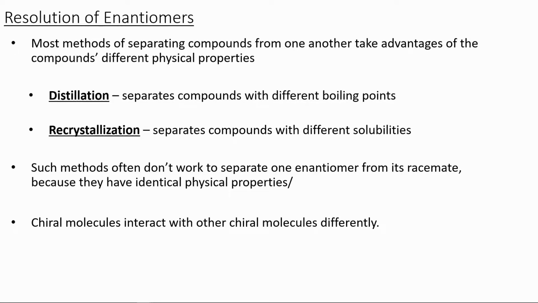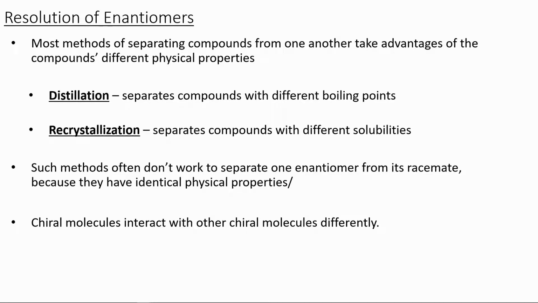Most methods that we use to separate different molecules, and we've gone through these in lab, are going to take advantage of the physical properties of the molecule. So it's actually quite difficult for us to separate enantiomers from each other. There are a couple different ways that we typically would separate molecules, like distillation or recrystallization.